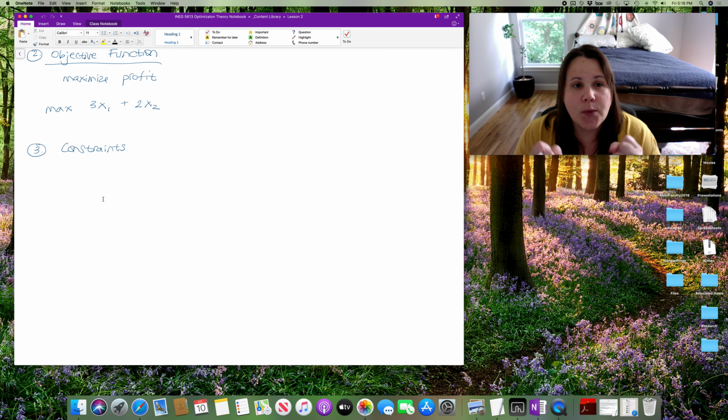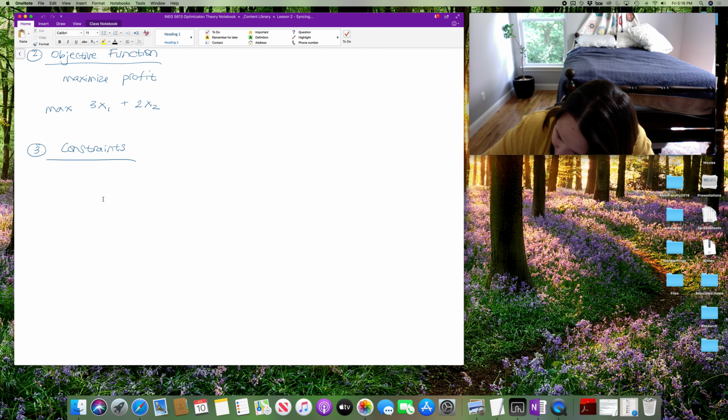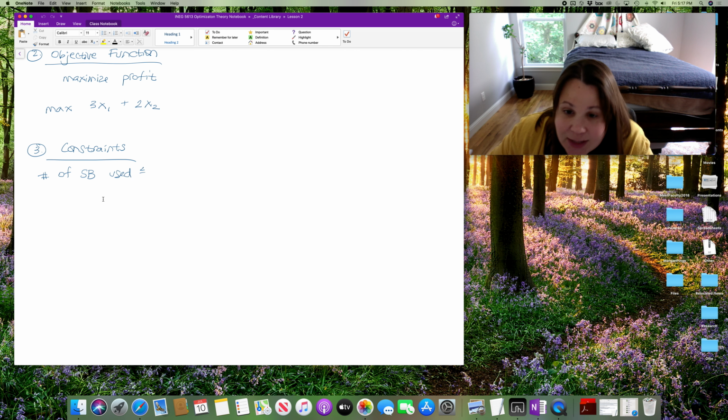But really what we're saying with the small bricks constraint is the number of small bricks that we use is less than or equal to the number of small bricks we have available. So I'm just going to write that in words. Our number of, I'm going to shorthand, SB, small bricks. The number of small bricks used has to be less than or equal to our number of small bricks available.